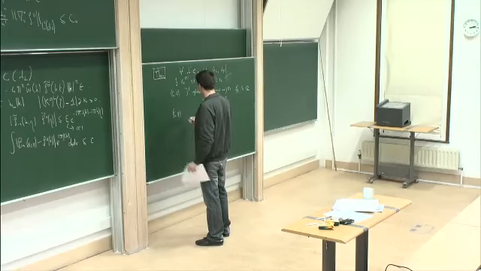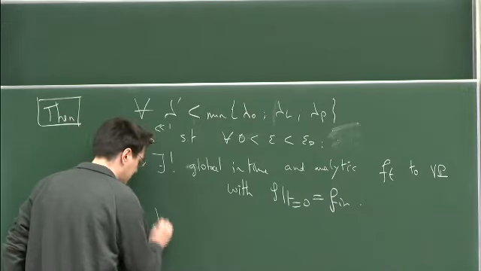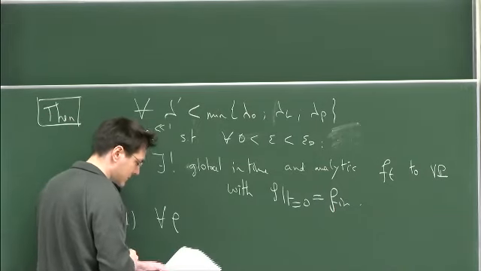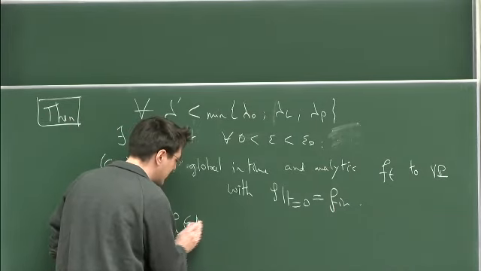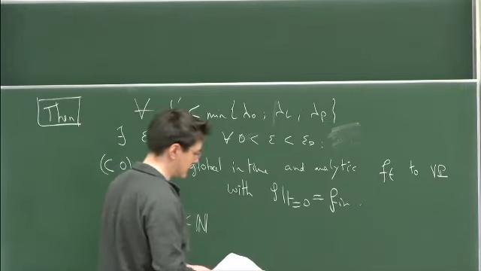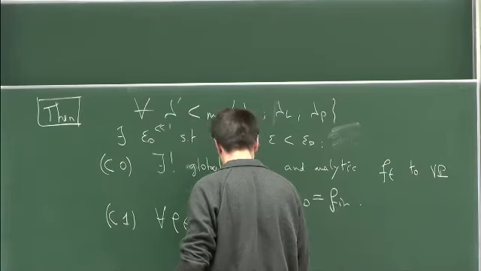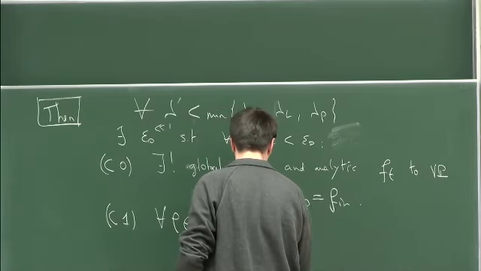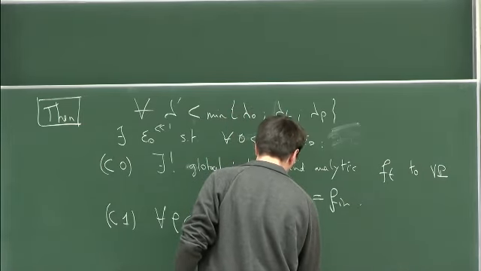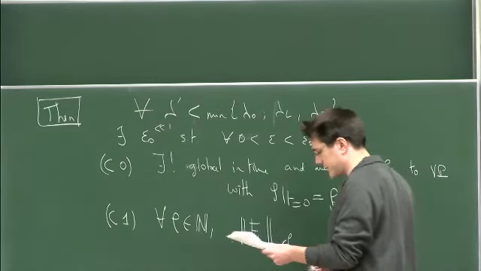Then, the first interesting conclusion is that we have the decay of the force field. A user-friendly way to state it is the following. For any index L, the force F at time t decays in the C^L space, so in a very usual space.